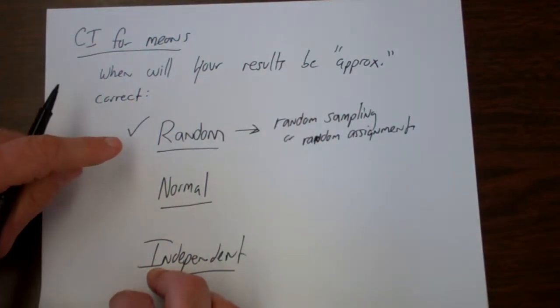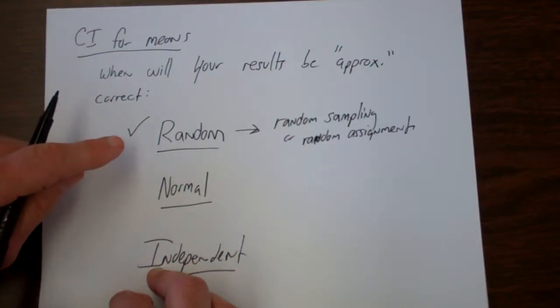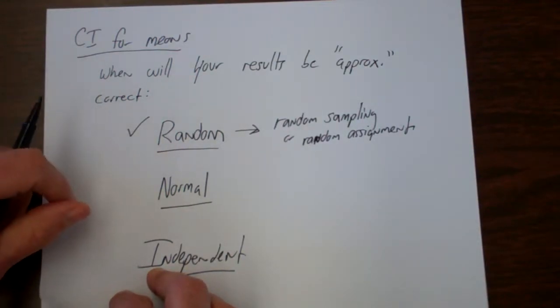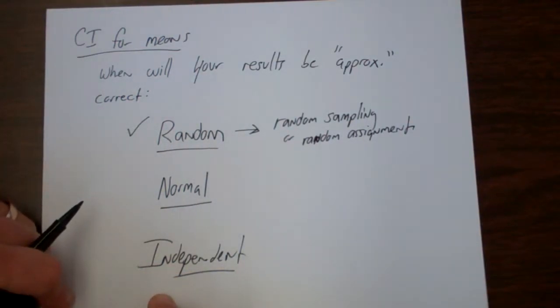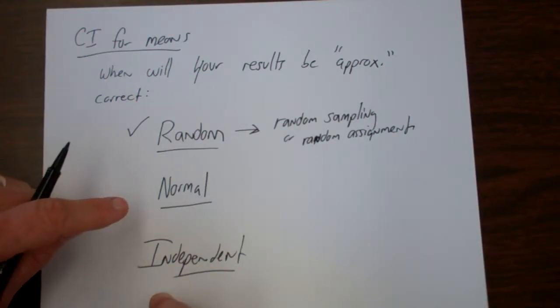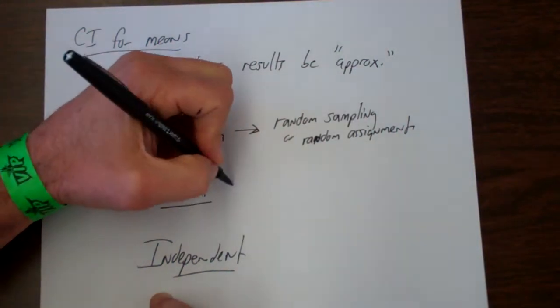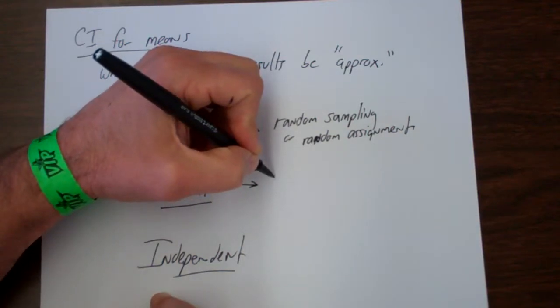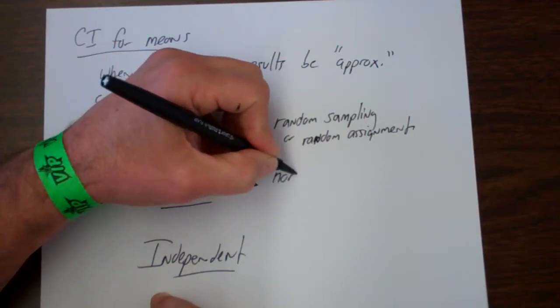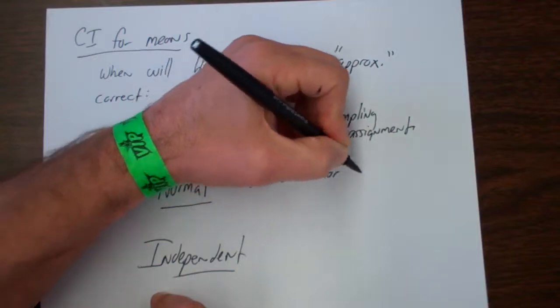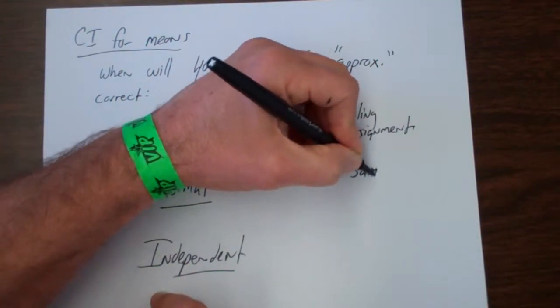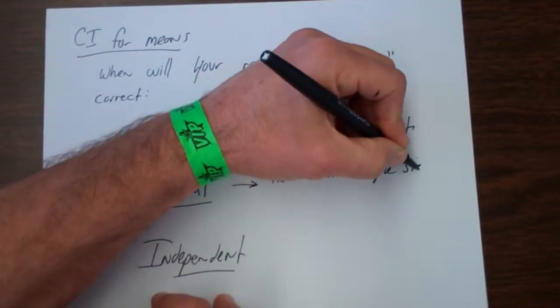To the degree that your sample or your assignment is truly random, we can say that your results will be approximately correct. The second one is normal distribution, and that is that either the underlying distribution is normal or an equivalent condition is the sample size is large enough.